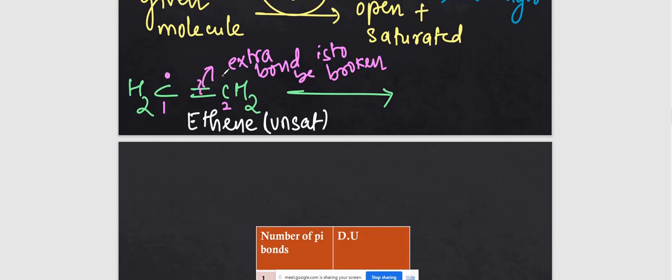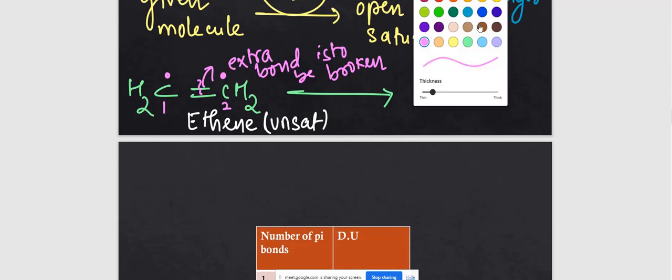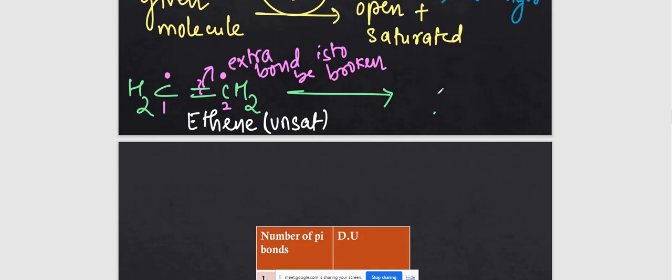The carbon atom gets its fourth valence electron, right? Now, after breaking the bond, can you tell me what is the number of bonds for each carbon? After breaking, it will be like 3 hydrogen and 1 with 1.